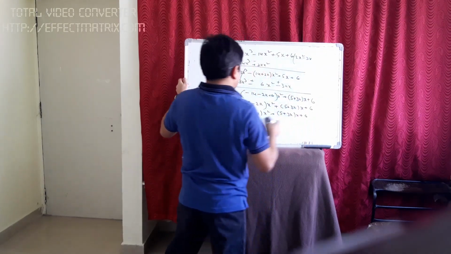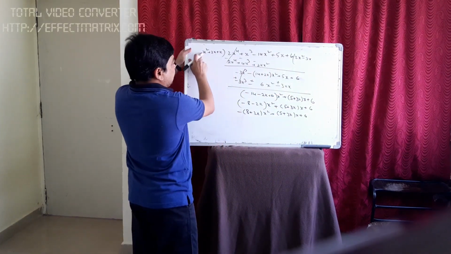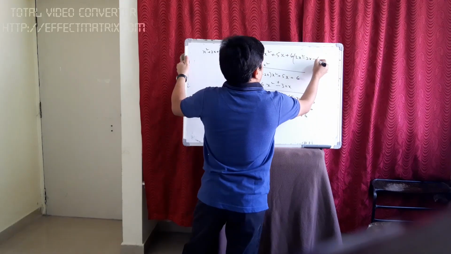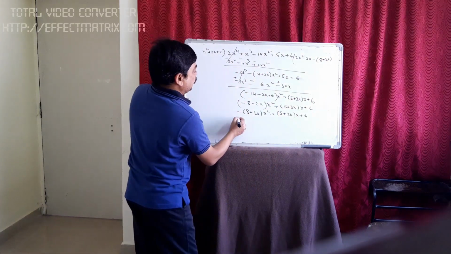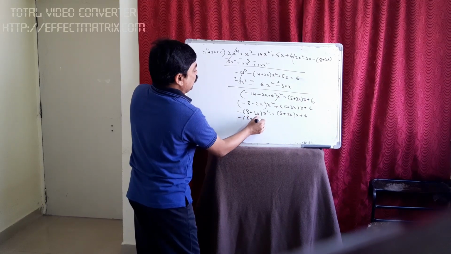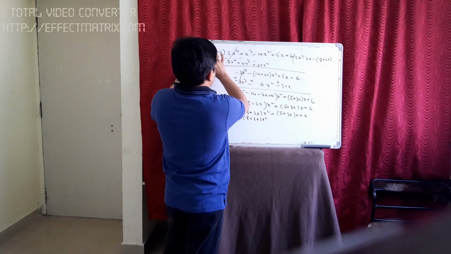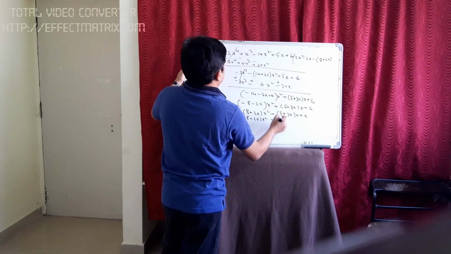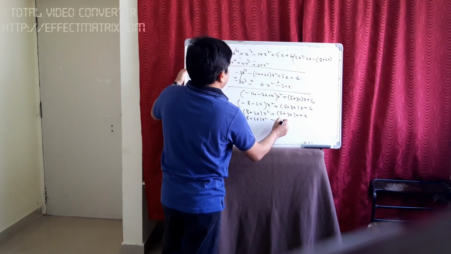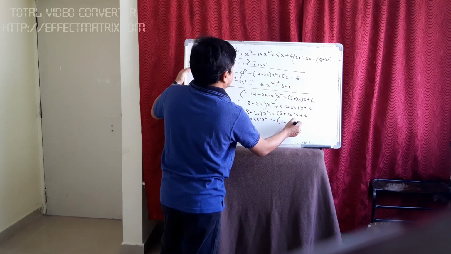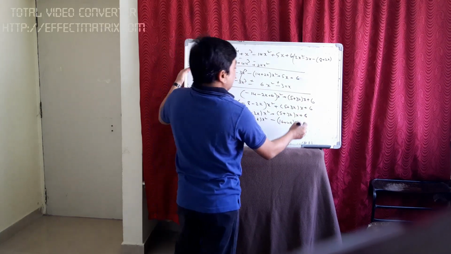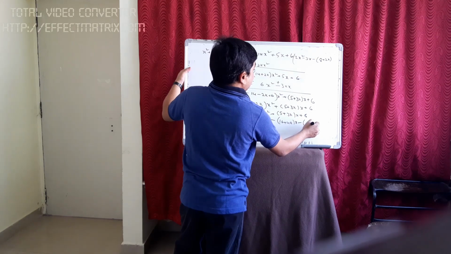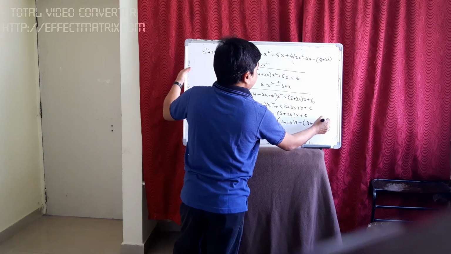And here, what should be multiplied with this to get the same thing? Minus of 8 plus 2k with all the 3. It becomes minus of 8 plus 2k of x square, plus into minus minus. Send 2 inside, 16 plus 4k of x, minus into plus minus, k inside, 8k plus 2k square.